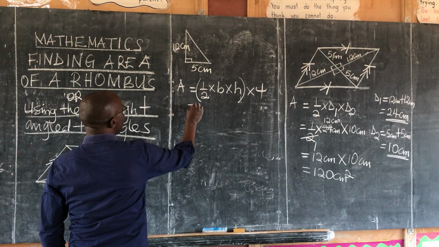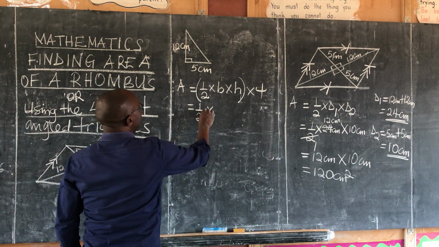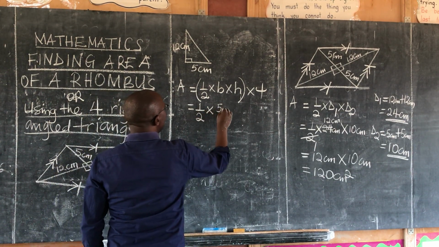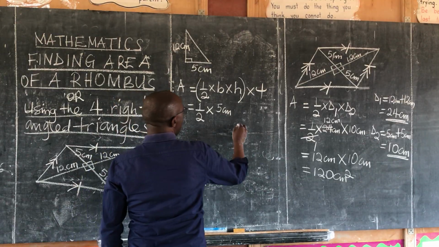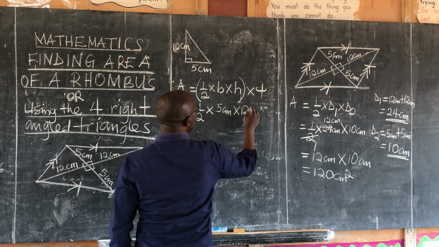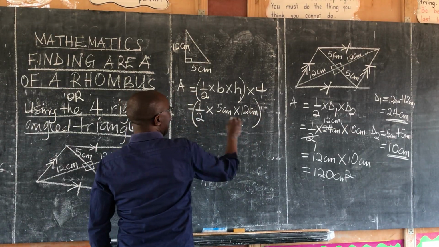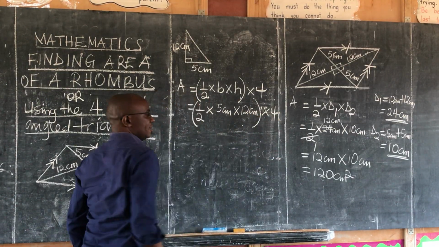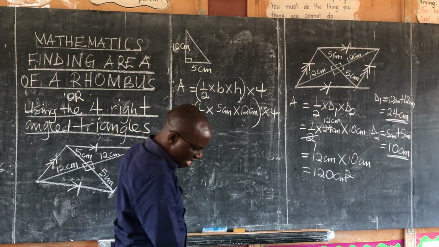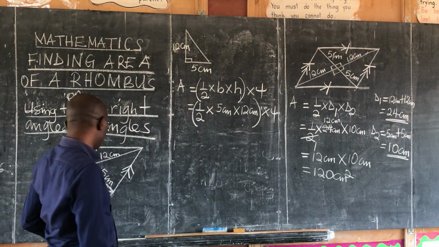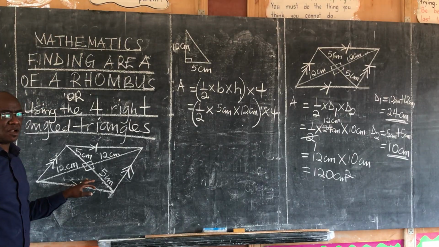So it is a half times the base, which is 5 centimeters, times the height, which is 12 centimeters, times 4. 4 represents the number of right angled triangles that make the rhombus.